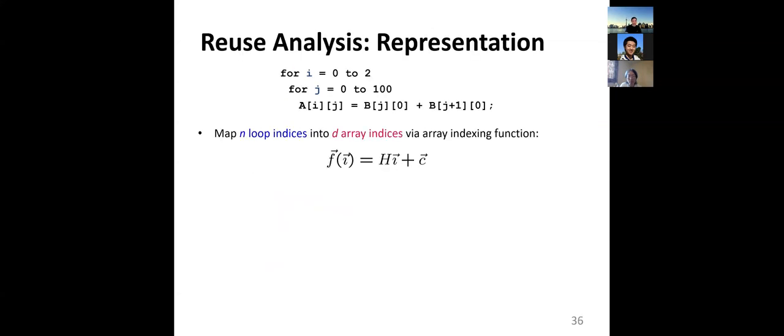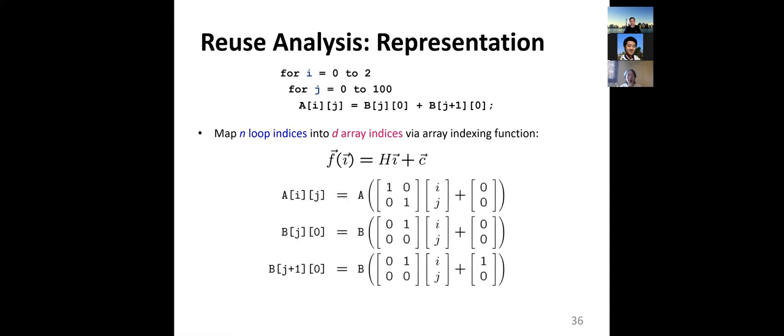Let's move on. So how can we figure out those miss patterns and the locality automatically in a more fundamental mathematical way? So what we want to do is essentially solve the linear equations. So if we had n loop indices that are split into d array indexing functions such as this, what we want to find is essentially a representation of these indexes in this form. So essentially what we do, we take the indices matrix and represent this as a matrix H, right, multiplied by indices.